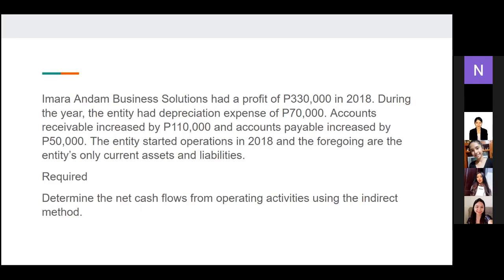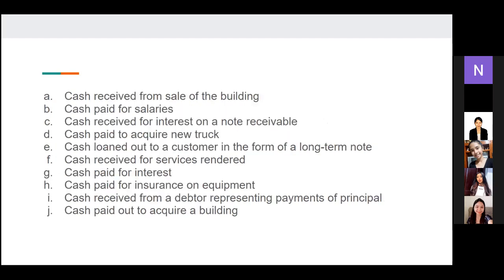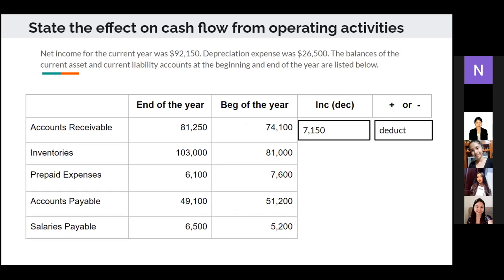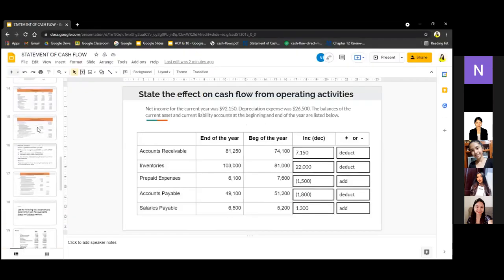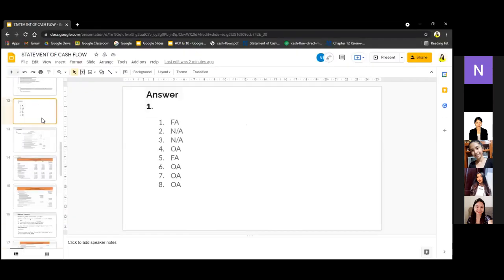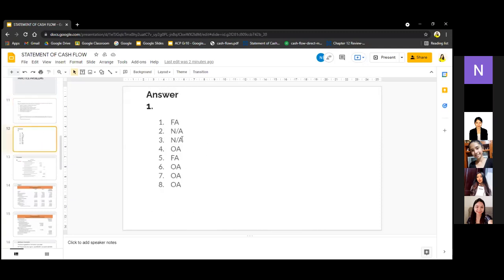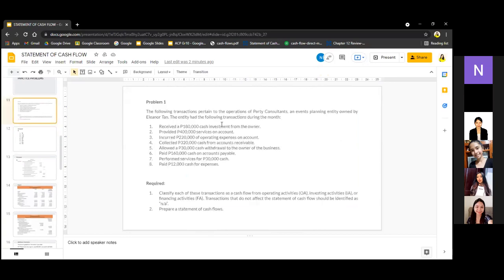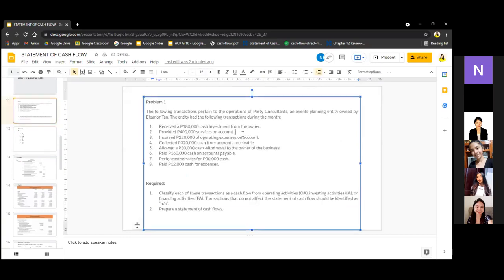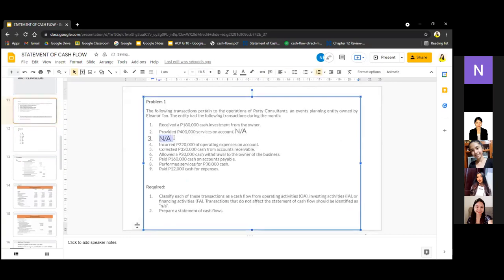And pala, may gusto lang kaming ihabol dun sa problem kanina. Miss Frenzy, pwede bang pakibalik sa problem kanina? Ayan, yung sa number 2 and number 3 na transaction.